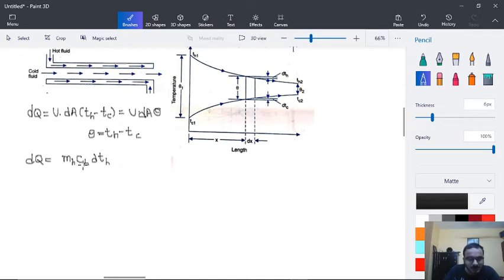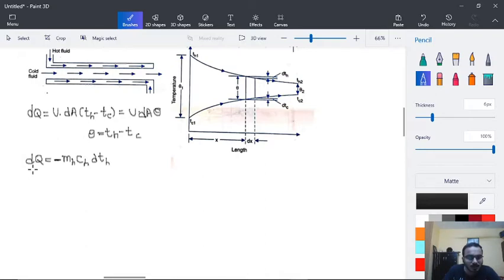Now what is this? It is our standard formula of m c delta T, and we are writing in terms of hot fluid here. As you know, that hot fluid is actually losing its heat, so dTh will be negative, so we need to put a negative sign here because hot fluid is losing its heat.